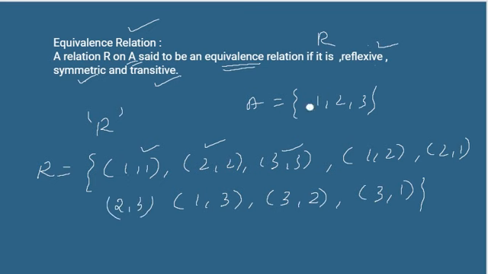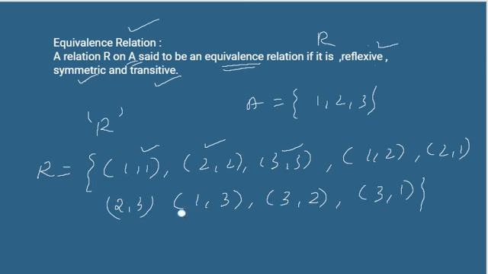Now let us see. It is already checked that it is reflexive. Now let us see the symmetric. (1, 2), (2, 1) is there. (2, 3), (3, 2) is there. Then (1, 3), (3, 1) is there. So for every (a, b), there is (b, a) also present in R. So it is symmetric. Now transitive, we have to check. See, (2, 3) and (3, 2), then (2, 2) must be there.